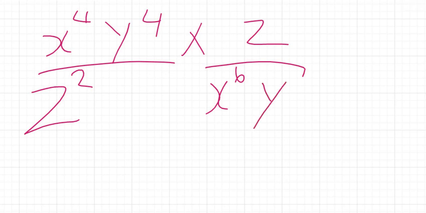Now we could do the same thing. We could actually expand the terms to see what actually makes up the terms, and then we just actually cancel. Or another way, we could actually perform some concepts of indices, where we can actually look at the common bases and we could actually subtract the powers.